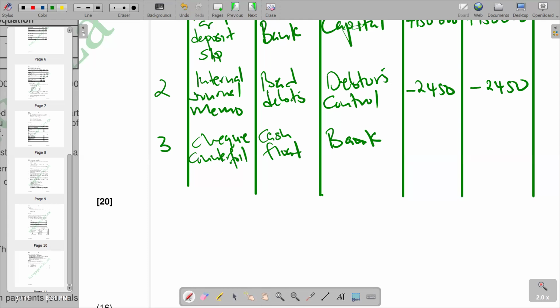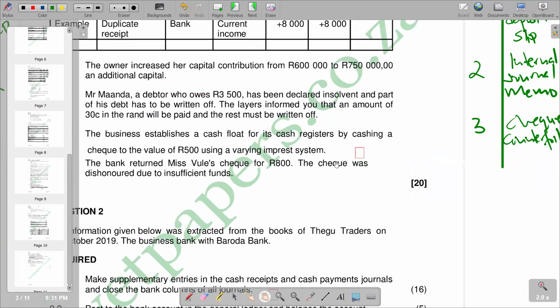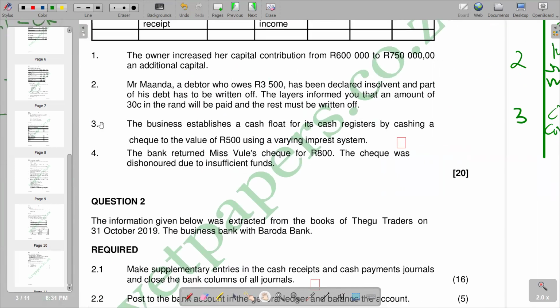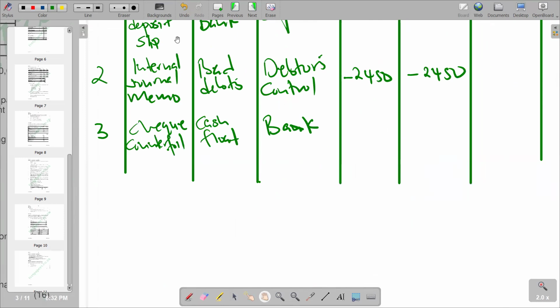We check the figure that is involved with that cash float. The figure is 500. So we are going to have a plus 500 on assets for our cash float being debited. Then bank is being credited. Bank is an asset again. By crediting an asset, it's a negative, so you also have a negative 500 on other assets. So you've got a plus 500 and negative 500 on assets. So this is what we have in terms of item 3.